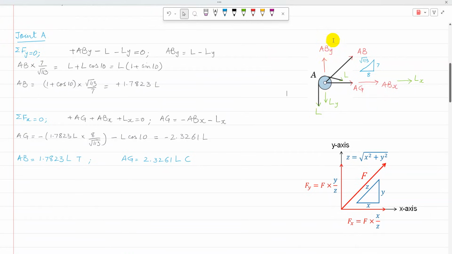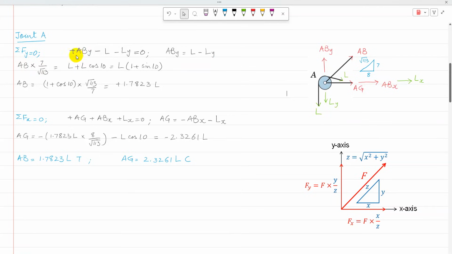ABy is positive, then the tension L is negative and Ly is negative. So it is plus ABy minus Ly equal to 0. So ABy comes as Ly, and Ly is L sine 10 degrees.